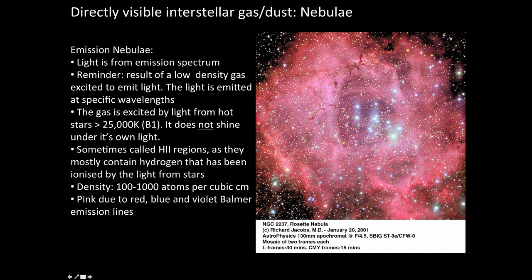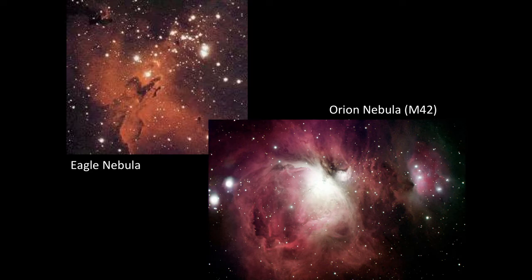The region tends to be pink and is due to a mixture of the Balmer emission lines from hydrogen, which are red, blue, and violet. Mix them together and you get pink. So you can tell an emission nebula because it will appear pink. A couple of other examples of emission nebulae are the Eagle Nebula and the Orion Nebula.